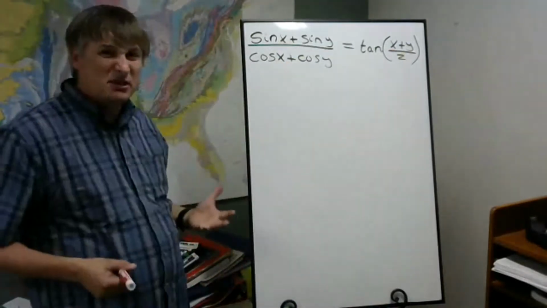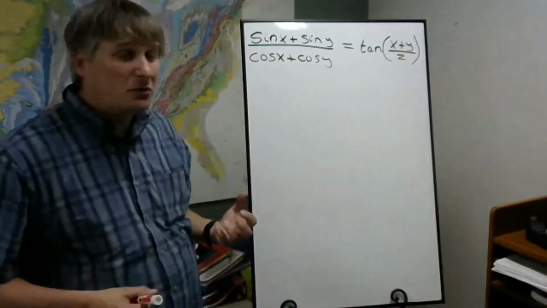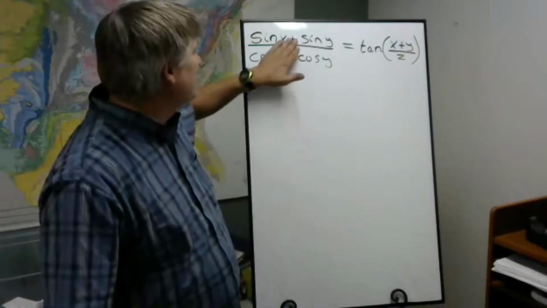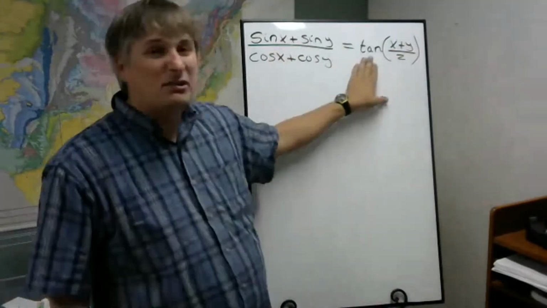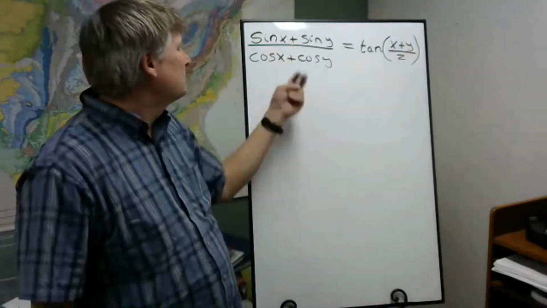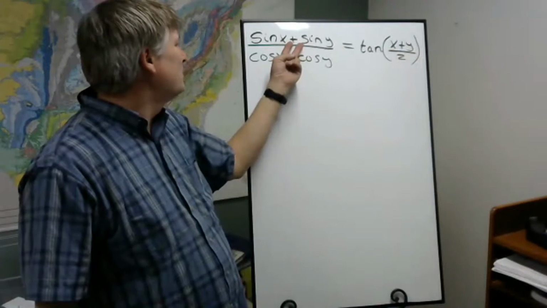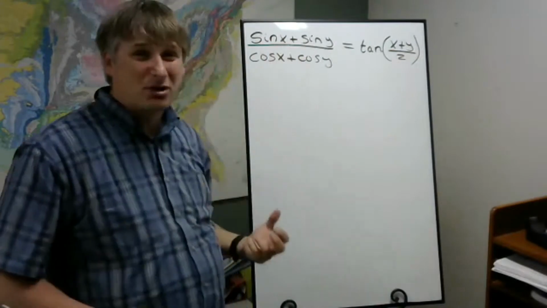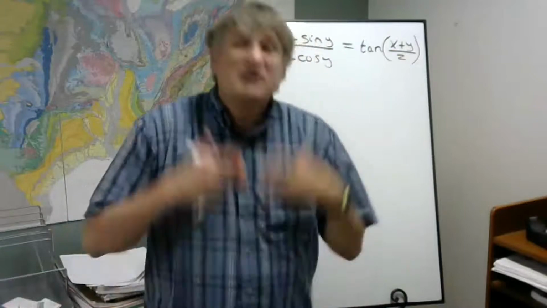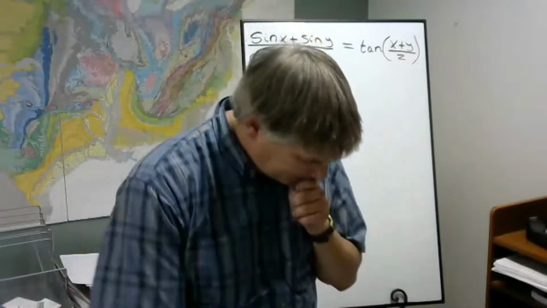So this is the sum and difference part. Now, one clue I'm seeing: I've got sums, but I've got a single term here. So I could go from a sum to some kind of a product. Let's see if that helps. It's beginning to glue things together.